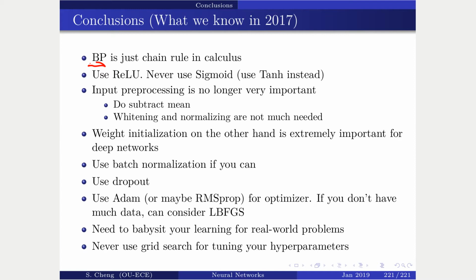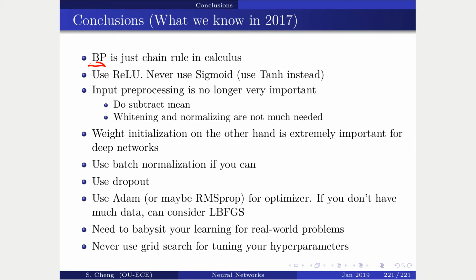It's really nothing special. It's used to compute the gradient for all the parameters. Let me say more clearly: we want to compute the gradient of the objective function with respect to each of the parameters, and we use BP to compute that. The procedure is basically just the chain rule in calculus.